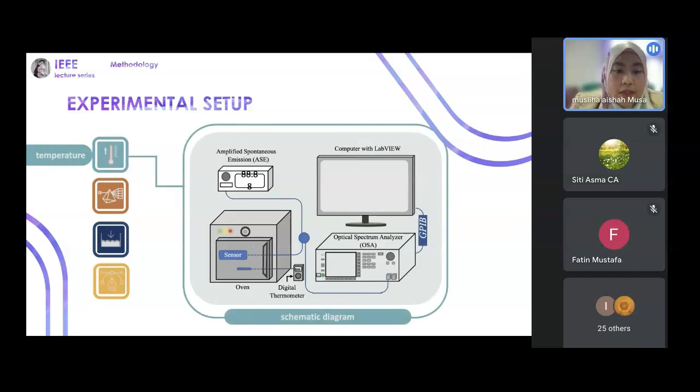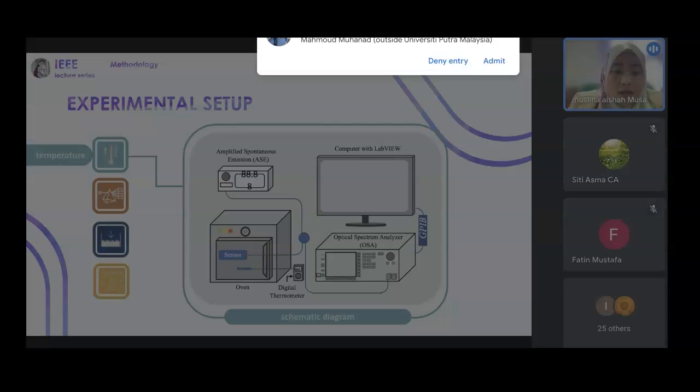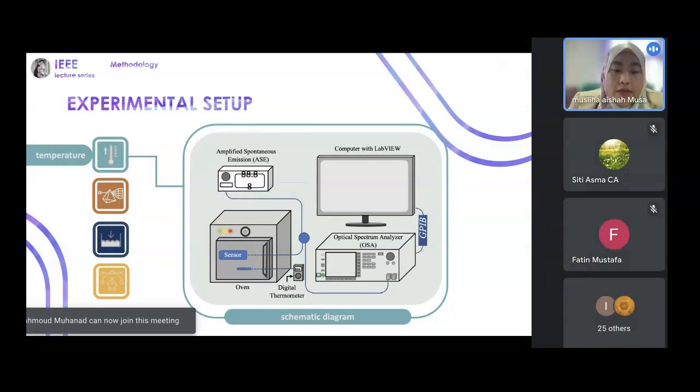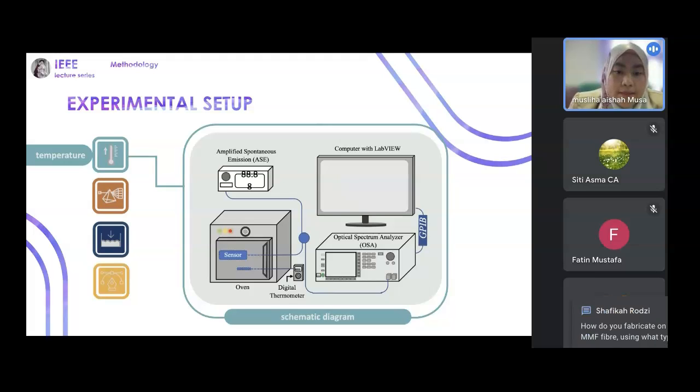For temperature, we use an ASE as the laser source, and for the reference, I use a digital thermometer. I put the sensor inside the oven, and the detector is an optical spectrum analyzer, and then we just use LabVIEW to receive the data at the computer.